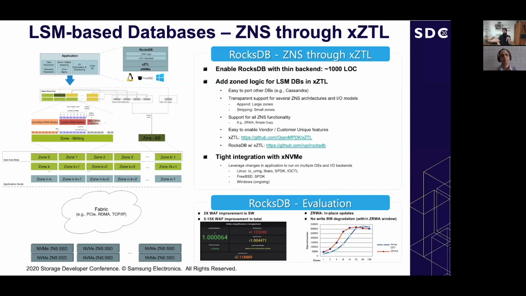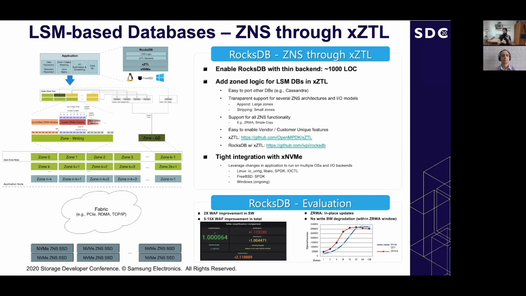We also implement simple copy to do the garbage collection. This is the same logic as Klaus has mentioned before, but on the application level. And it's fairly easy to plug the existing garbage collection in RocksDB to leverage simple copy. And at the moment, obviously, we're using xNVMe.